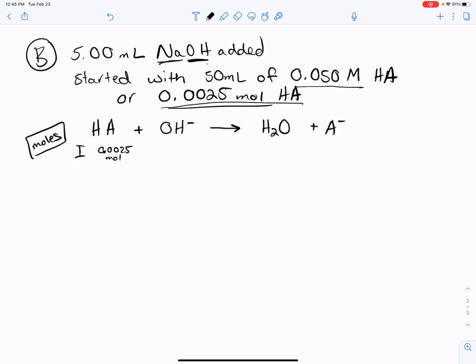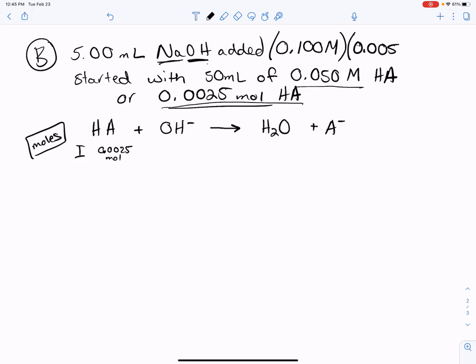And for my hydroxide, I need to figure out how many moles of hydroxide I have. Well, I know my molarity, which was 0.100 molar. If I take that times my volume, because remember, molarity is just moles per liter, I need to multiply in order to figure out how many moles I have.